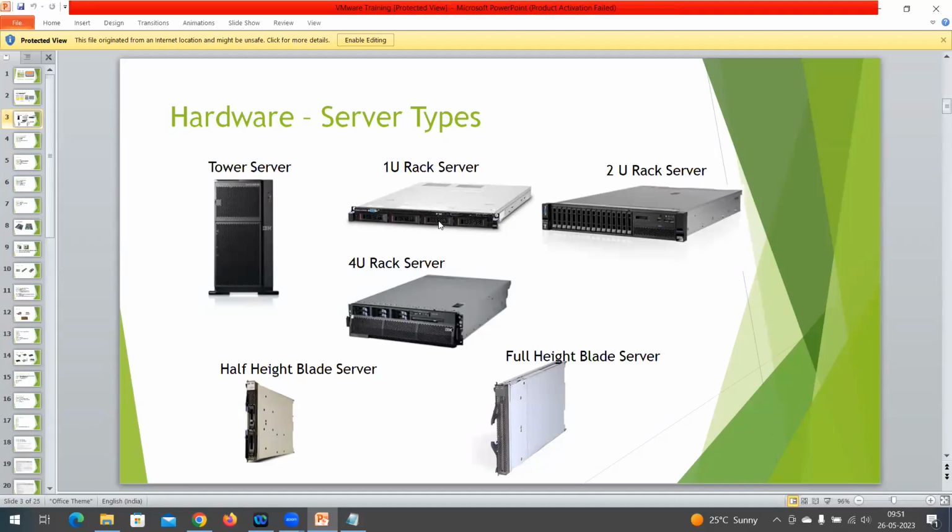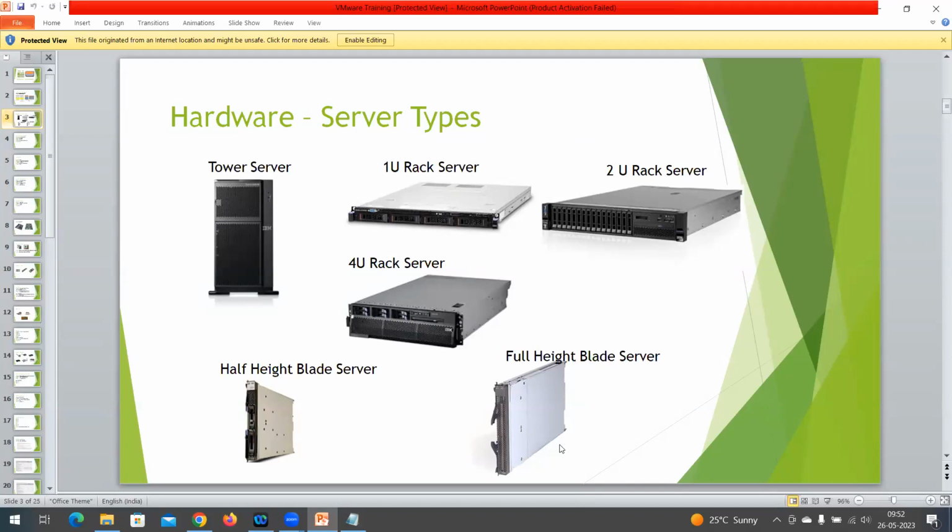So what is the storage server requirement? It should have maximum bays wherein I can insert maximum hard disks. This 4U rack server has maximum bays wherein I can insert a number of hard disks so that I can use this rack server as a storage server.